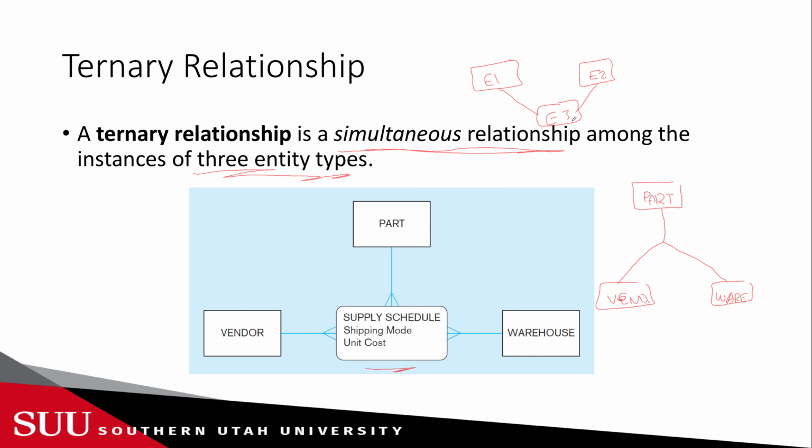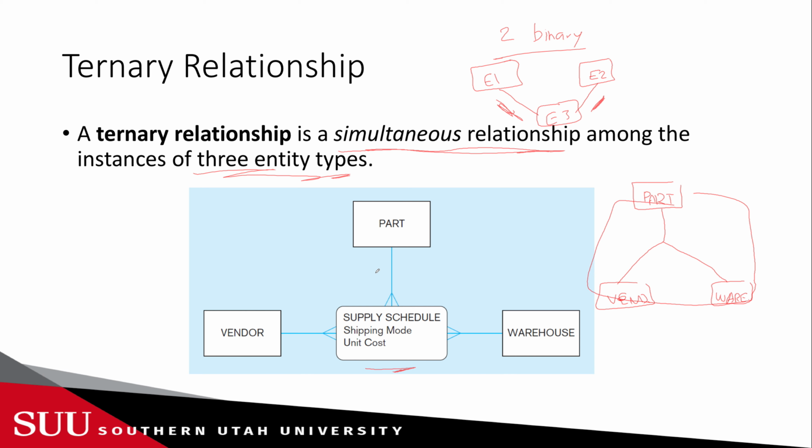Now this is one binary relationship and this is another binary relationship. So what I have in this case is actually 2 binary relationships. This is not a ternary relationship. For a ternary relationship, it has to be the same relationship and it has to have all three entity types participating in that relationship.